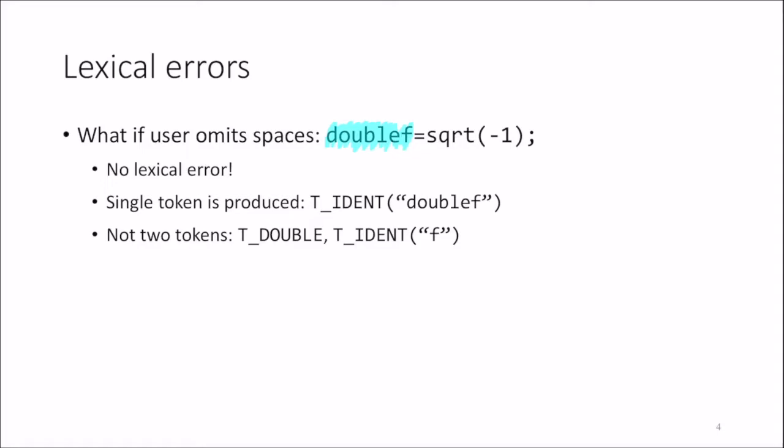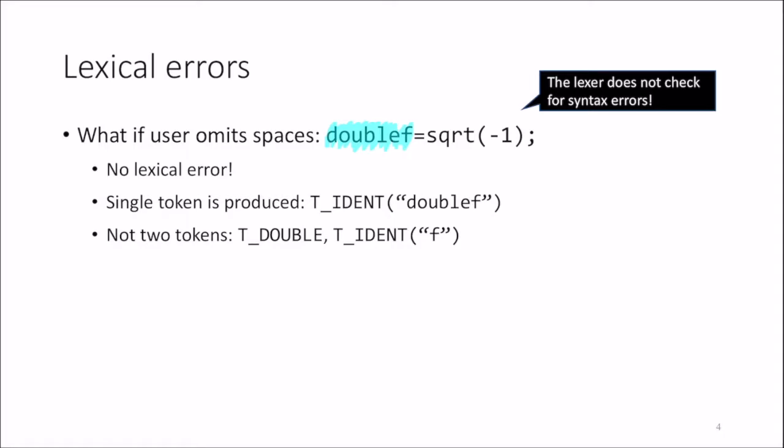In particular here, you don't get two tokens. You don't get the double reserved word for the type followed by an identifier f. The removal of the white space between those two tokens means that you get a single token, an identifier called doubleF. It's important to note that the Lexer does not check for syntax errors.